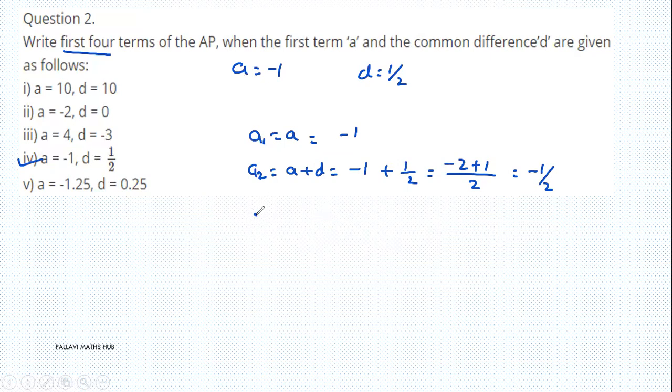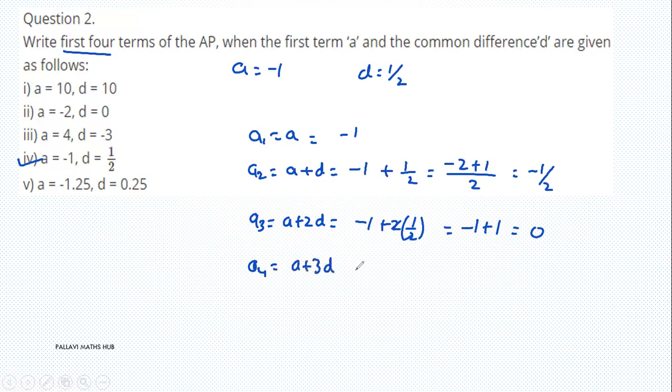Similarly, find a3. a3 is equal to a plus 2d. The value of a is minus 1 plus 2 into the d value, 1 by 2. The 2s get cancelled, which is equal to minus 1 plus 1, which is equal to 0. Find out a4. a plus 3d.